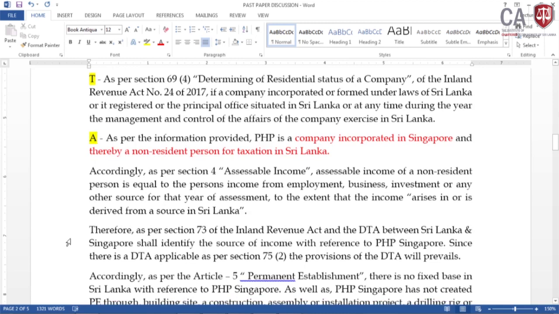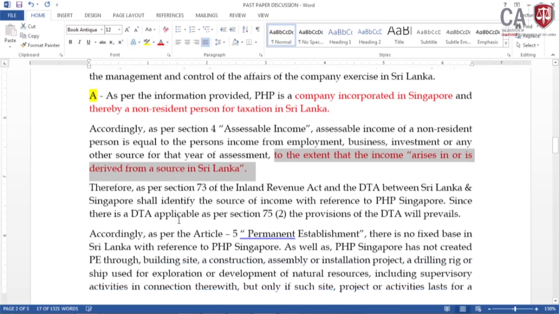Next paragraph, now confirm non-resident. Then you have to tell, if it is a non-resident person, how that person shall pay tax in Sri Lanka. Accordingly, as per section 4, the assessable income of a non-resident person is equal to the person's income from employment, business, investment or any other source for that year of assessment, to the extent that the income arises in or is derived from a source in Sri Lanka.